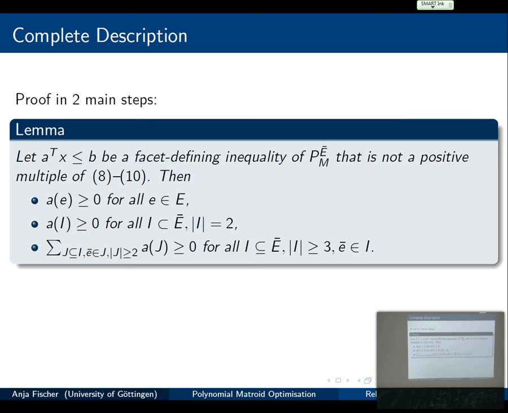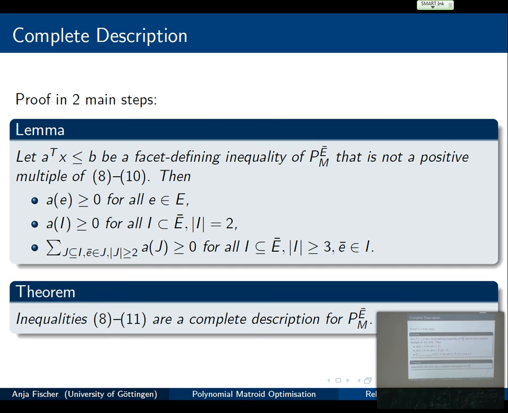And then we show that certain sums are non-negative. So our coefficients might be negative, but summing up certain stuff, we remain non-negative. And that's really important. That's the hard part. But if you know what happens with these sums, then it's rather easy to show that this is really a complete description.